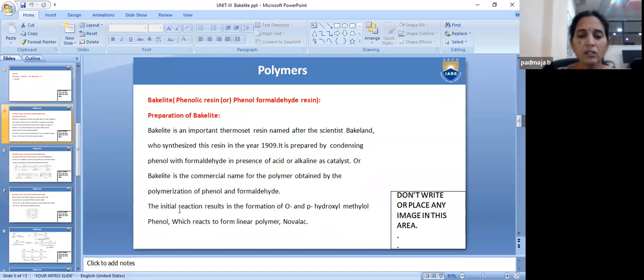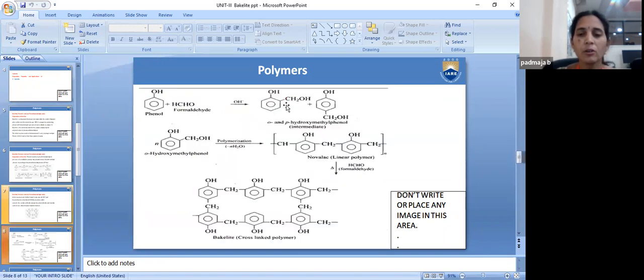When we take phenol and formaldehyde, in step 1 we get ortho and para-hydroxymethylol phenol. Now we take n number of ortho-hydroxymethylol phenol and go for the polymerization process. Here it undergoes condensation polymerization, with removal of the byproduct water molecule. Then we get a linear polymer, Novolac.